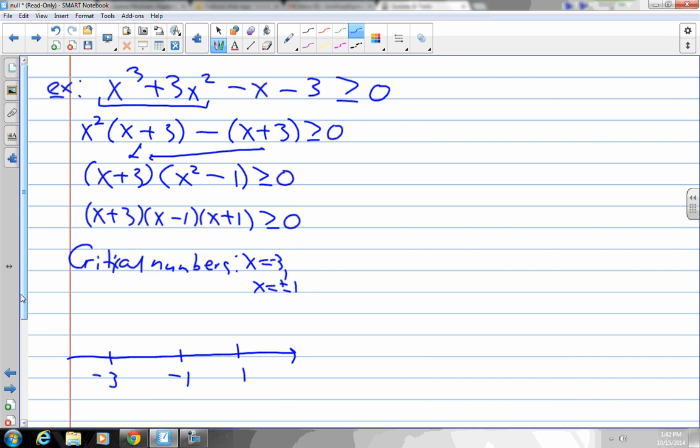Or you can play with the end behavior. That's an odd degree polynomial, so it will start all the way on the bottom, so that end has to be negative using the end behavior. Looks like a cubic. Everything has single multiplicity, so the sign will just alternate. You just need to get one sign, end behavior, and then you alternate the sign. And that will be the graph of that function.